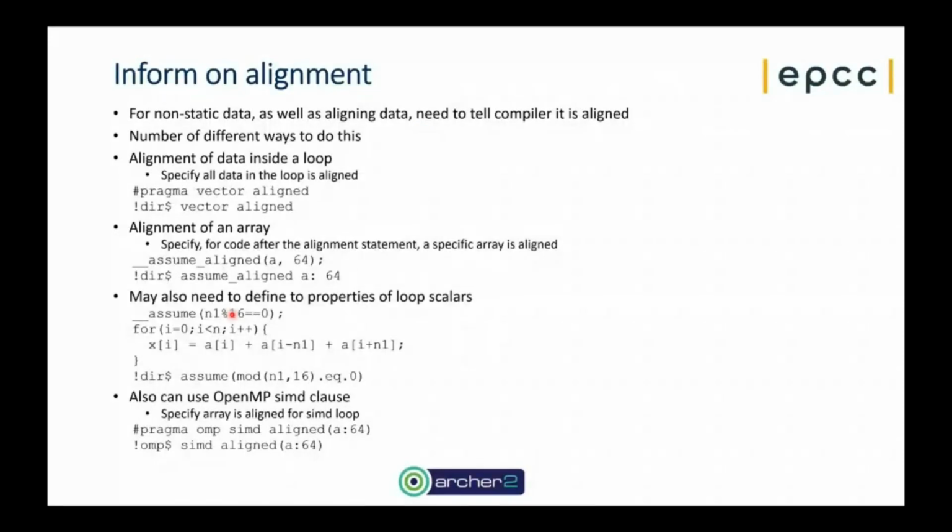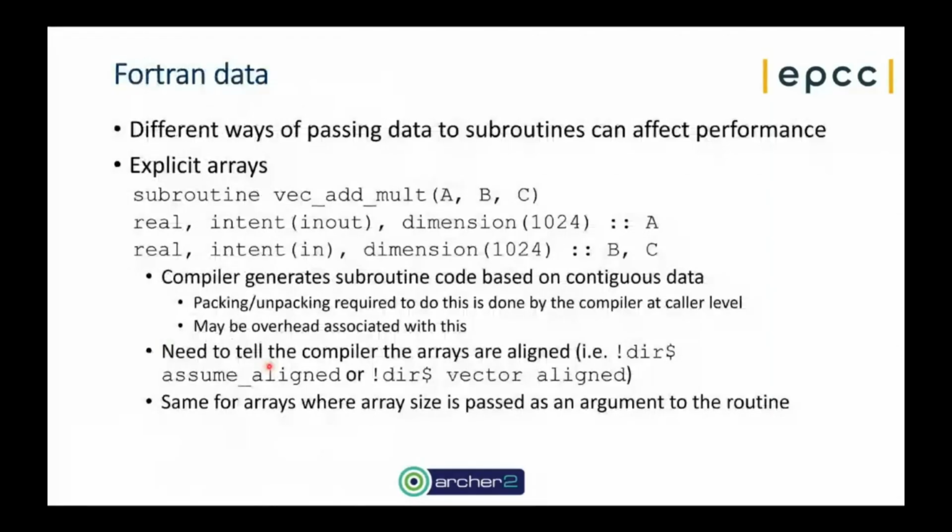What you did was align the data so it can assume it's aligned. So you can use these commands in code here, assume_aligned or vector aligned, to tell it that this is the way it's done. You can also use some OpenMP commands to do it as well. So this OMP pragma simd aligned will do the same kind of thing.